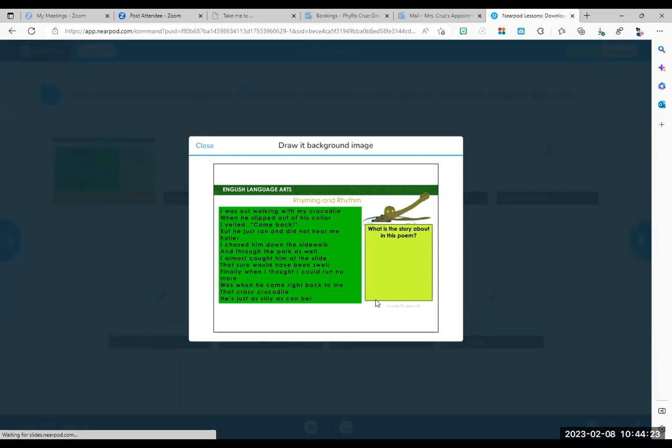So we're going to read this and then discuss with our friends what we think the main idea, the theme of the poem, is about. Is it about chicken nuggets? Is it about getting in trouble? I guess we'll find out. Here we go. You're more than welcome to unmute and read with me. But then after we're done reading, we're going to mute and then we're going to find partners. Here we go.